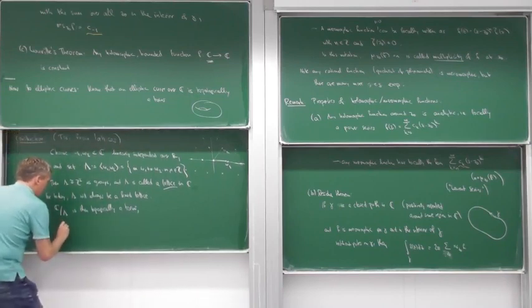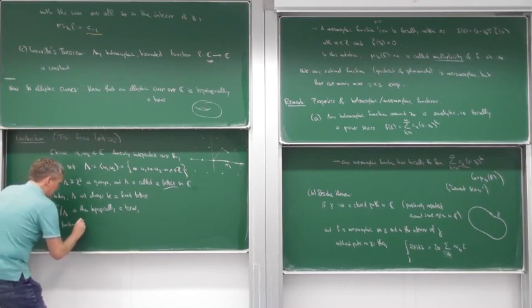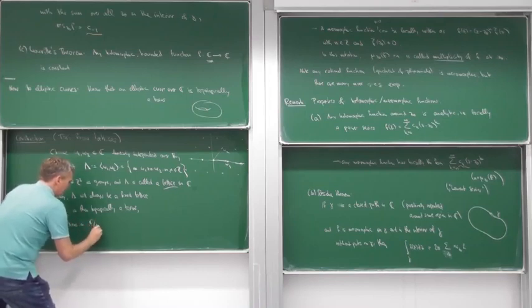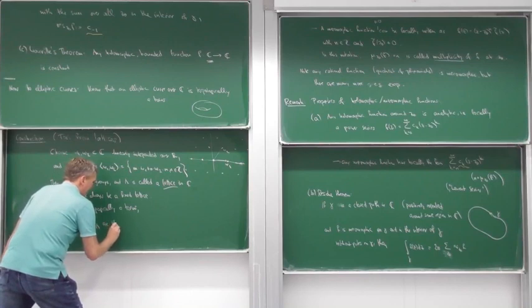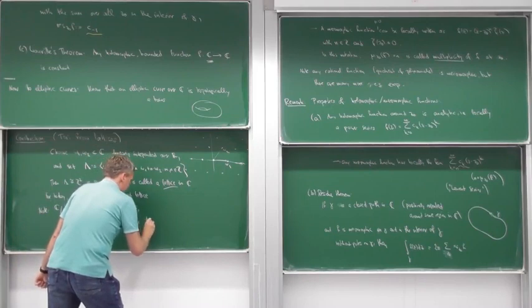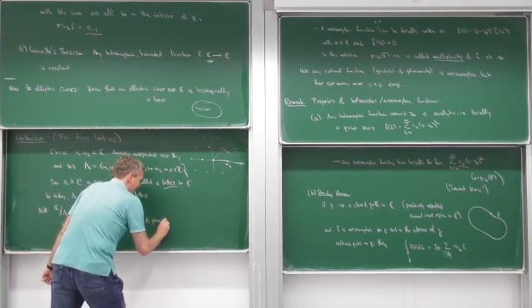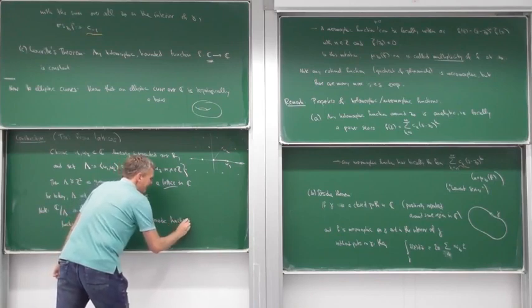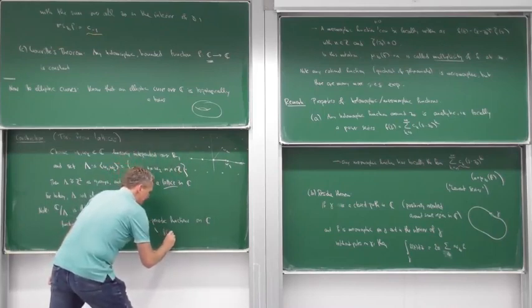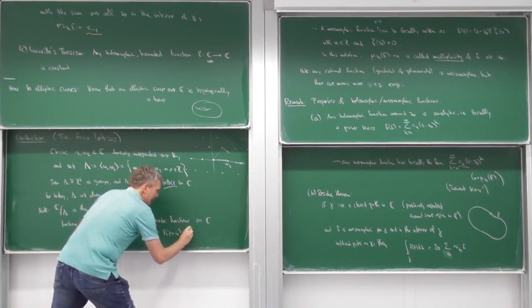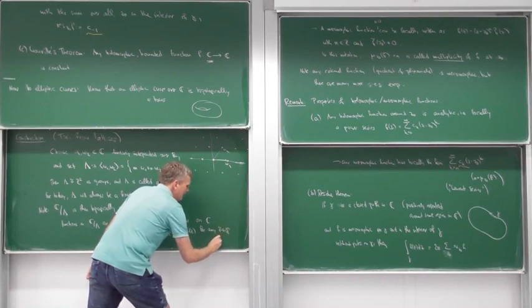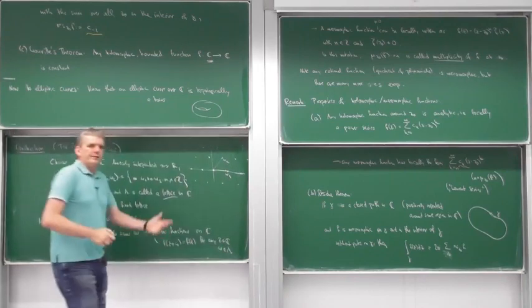So it means functions of whatever type, so just set theoretic functions on C mod lambda, are the same as lambda periodic functions on C, where lambda periodic, of course, means that f of z plus omega is f of z for any z in C and omega in lambda.